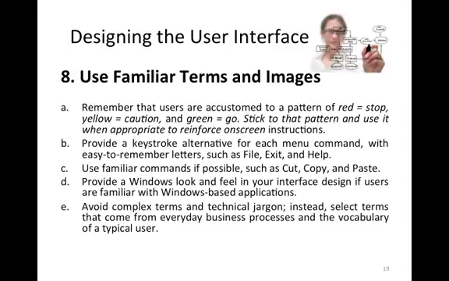We want to be able to, for experts, certainly have keystroke alternatives for each mouse click. So Command S for save, Command F for file or find, help, etc. For copy, we want to use the common, familiar commands for cut and copy and paste. We don't want to make up new ones.